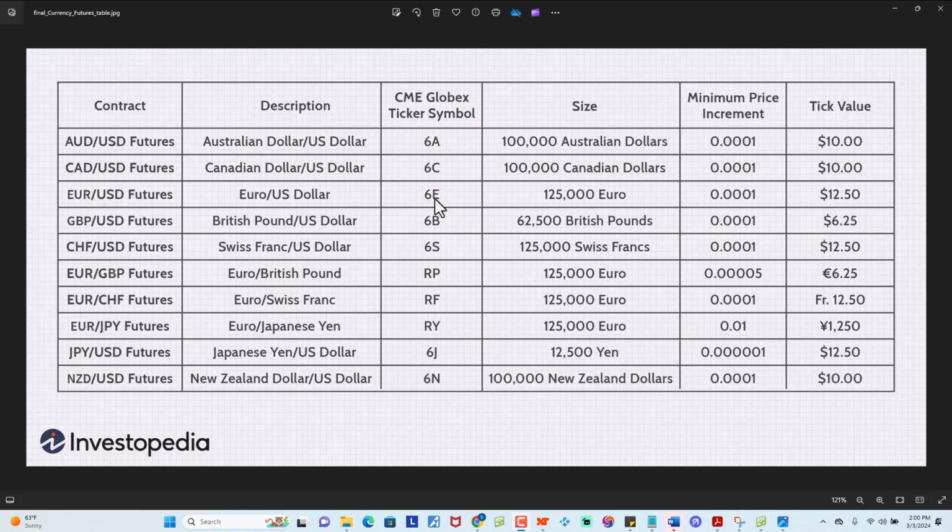On the futures side, that's the symbol you would use, and so forth. So you can keep a copy of this list, so you will know which one to use when you're looking to trade currencies on the futures side, right? So let's move on, and then we'll come back to explain some more of this.